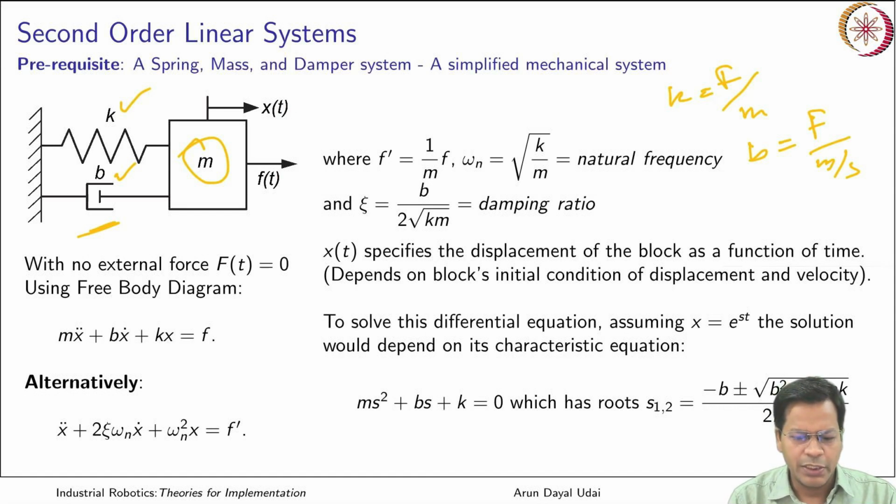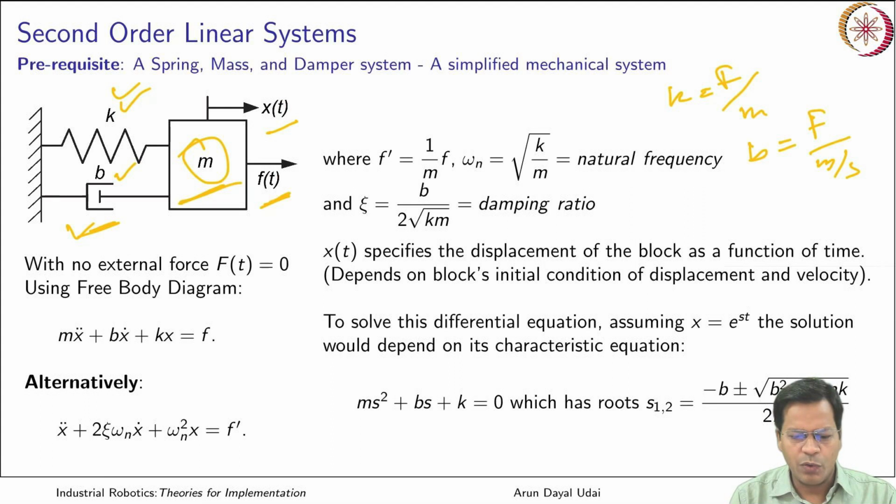These are the two constants that basically determine the behavior of the system, that also determines the characteristics of this system. That is also defined by the mass. It is applied by an external force F(t), and let us say I have a displacement given by x(t) at any instant of time.